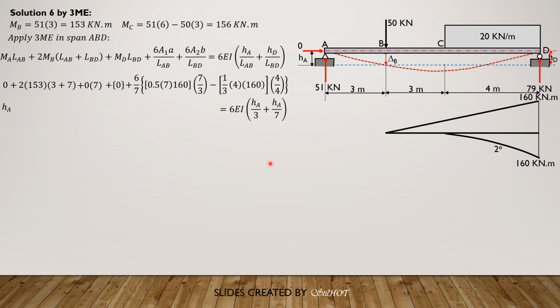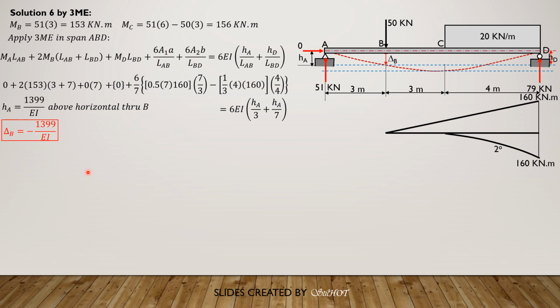Then solving for h_A, h_A is positive 1399 over EI, above the horizontal line through B. But the deflection is reckoned from the x-axis, the line through the neutral axis of the beam through AD. So therefore delta B is negative. We just put the sign negative, which is the same as before.